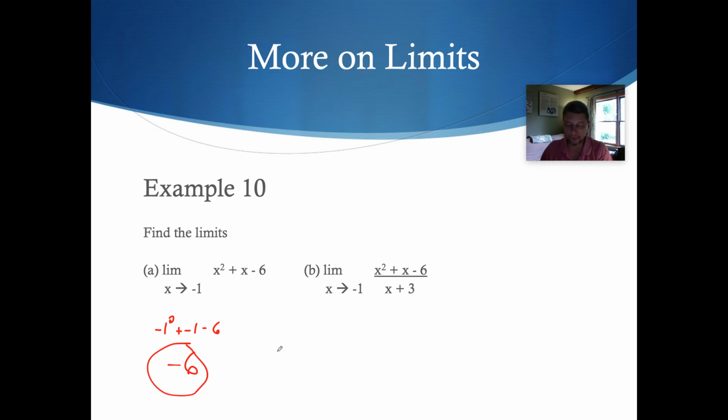Now, this one is the rational function here. And the first thing we have to do is make sure that the denominator doesn't end up being 0. And it doesn't, right? If x approaches negative 1, we substitute negative 1 in for x. Negative 1 plus 3 is going to give me positive 2. So we're good.